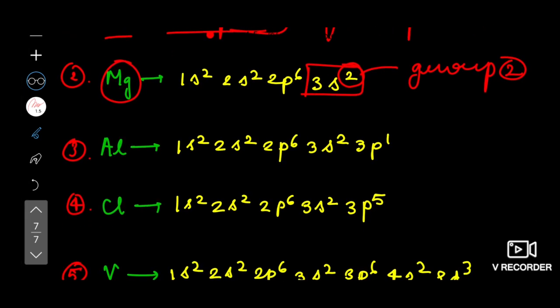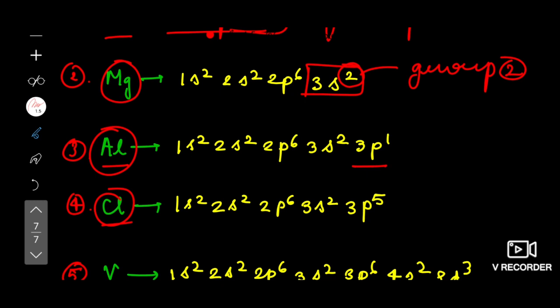Okay. Then we know that aluminum and chlorine are in the P block. How have we predicted that this is in the P block? Because the last electron has entered into the P subshell.